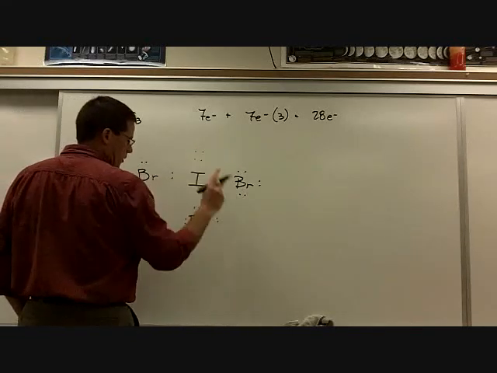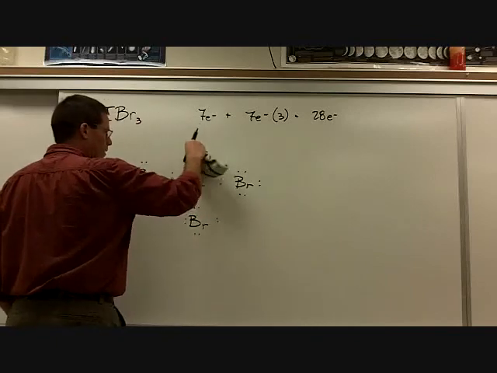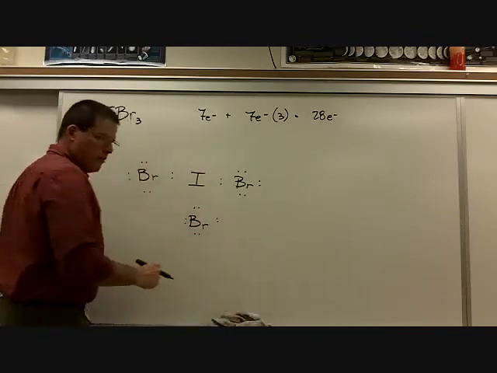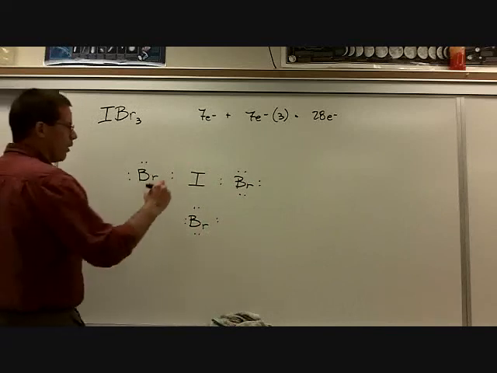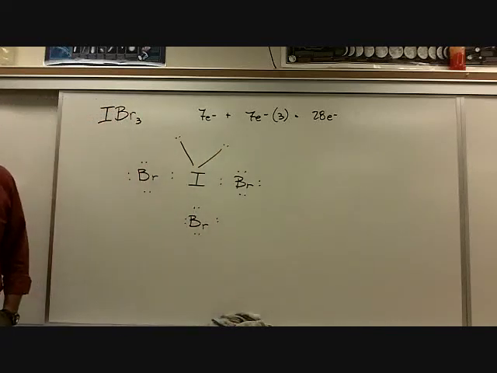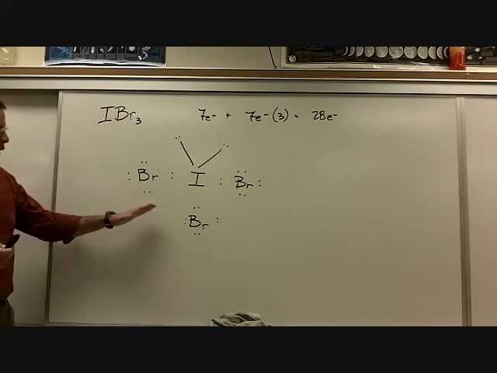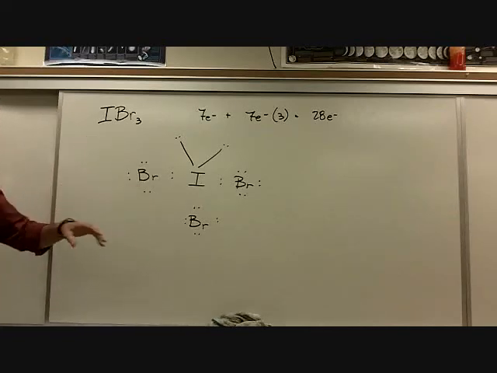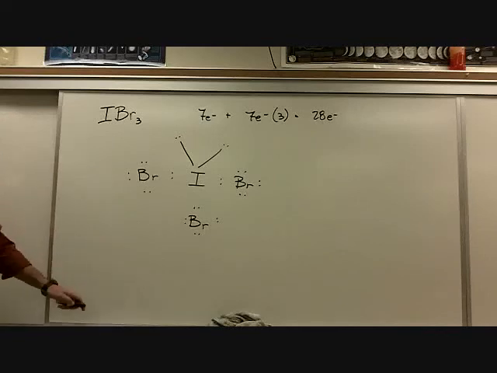Don't put them in the same quadrant. This is what I do. Give it arms or give it legs, whatever you want to call it. And it helps with the shape, which is pretty cool. So we need to add 4 more electrons, but I don't want to put them in the same quadrant, so to speak. Because on the marker board, you could probably see the difference. On the piece of paper, 4 dots together is a really confusing thing.